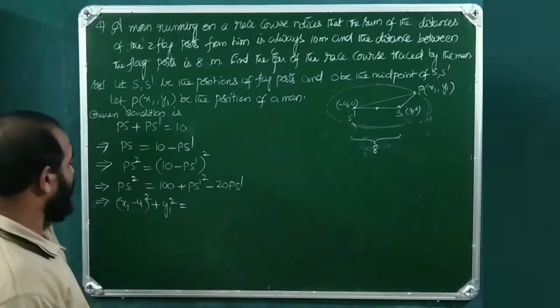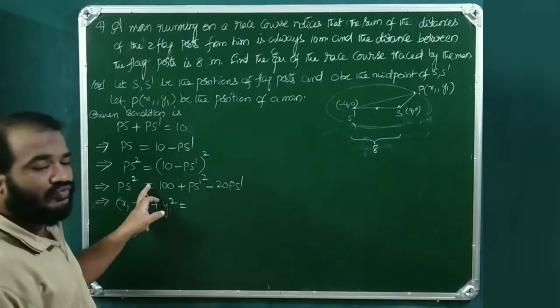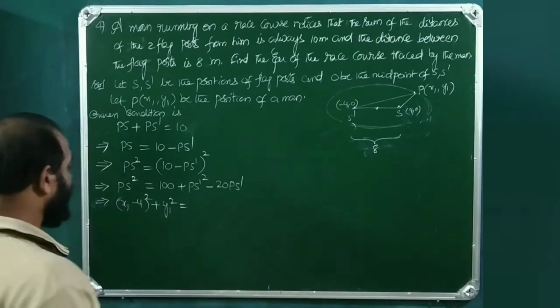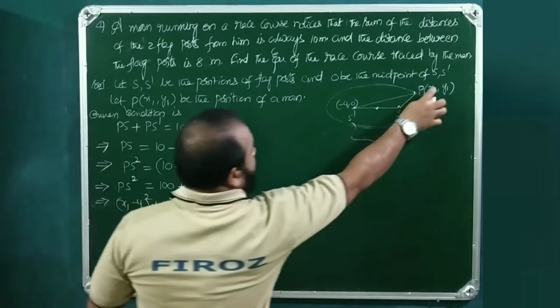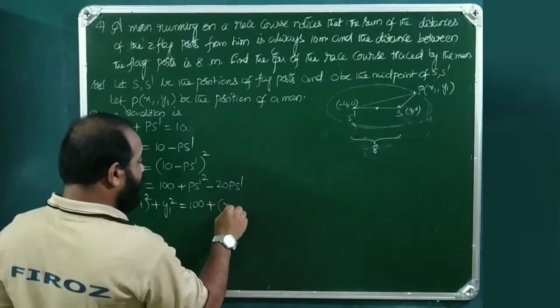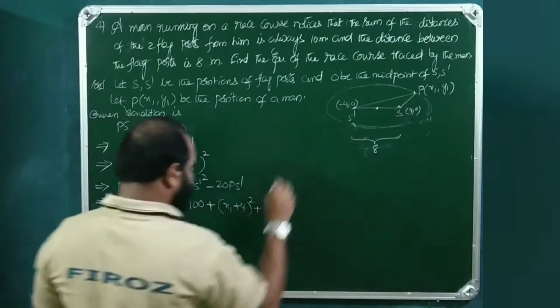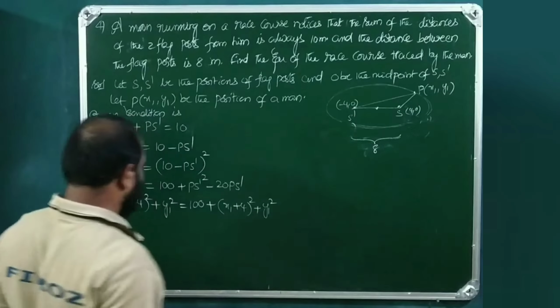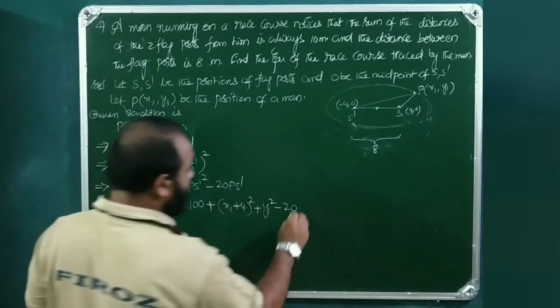Square root and square will be eliminated. So 100 plus PS dash, x1 plus 4 whole square plus y1 square, minus 20 into PS dash.